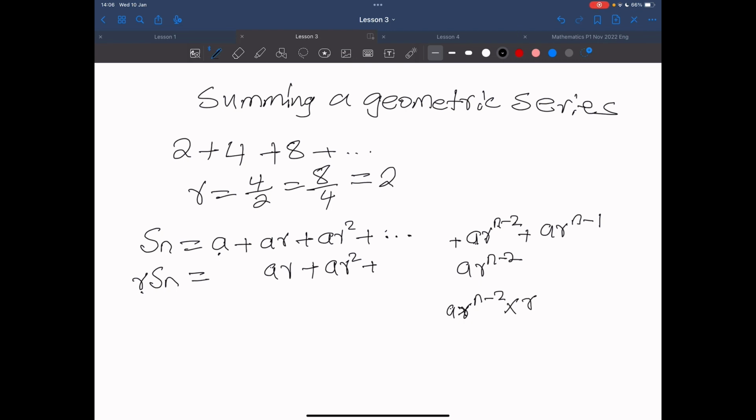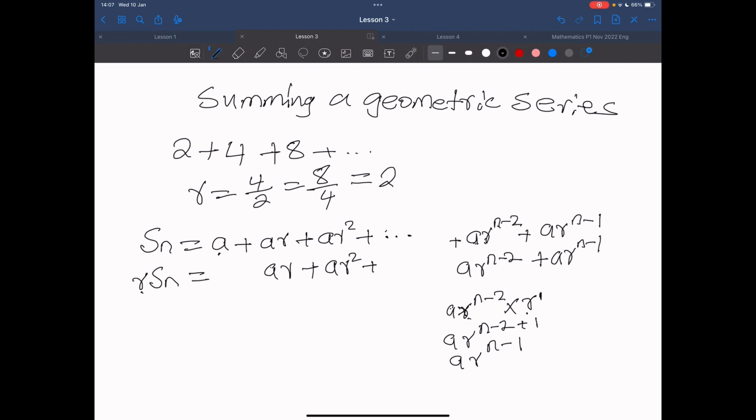So we have a, then the bases are the same, so we have r to the power n minus 2 plus 1. We know that there's a 1 there. So we will have ar exponent n minus 1. So multiplying by r gives us ar exponent n minus 1.